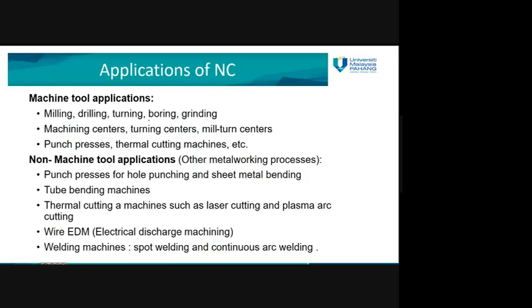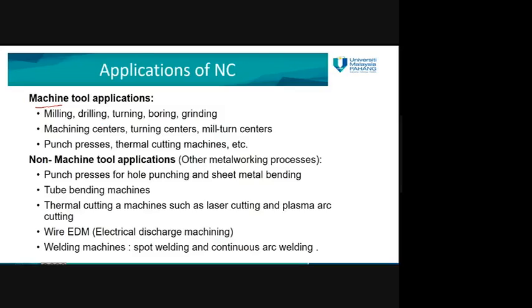So for NC machine tool applications, that means applications which depend on machines or need rotation and so on, we have milling, drilling, turning, boring, grinding, and so on. Machine centers combine more than one machine.